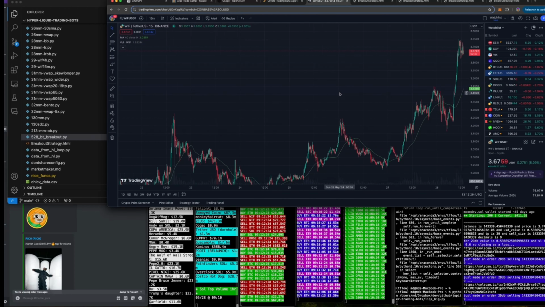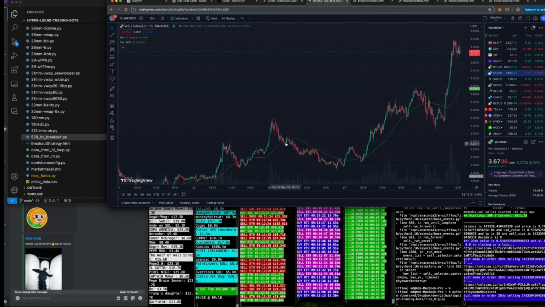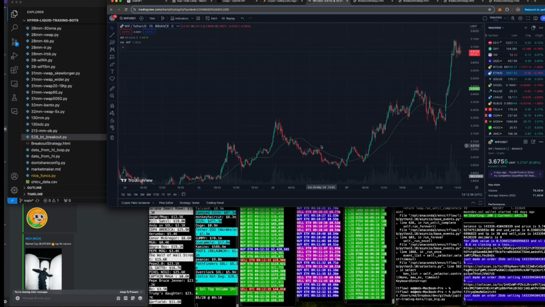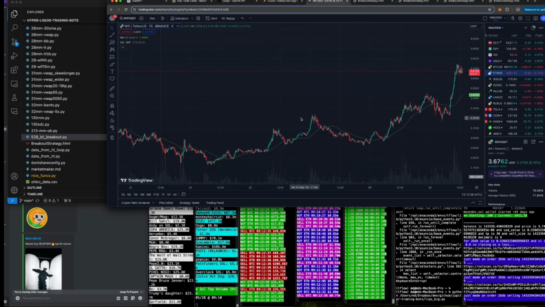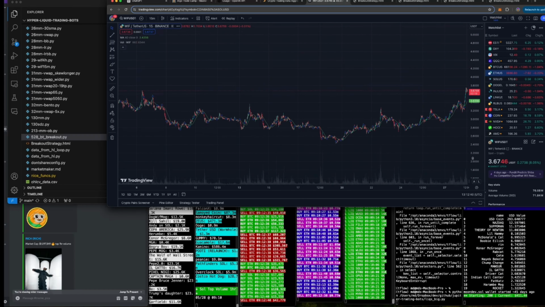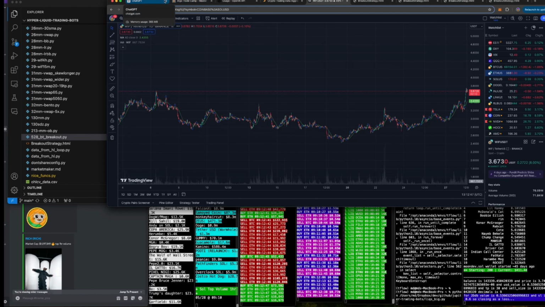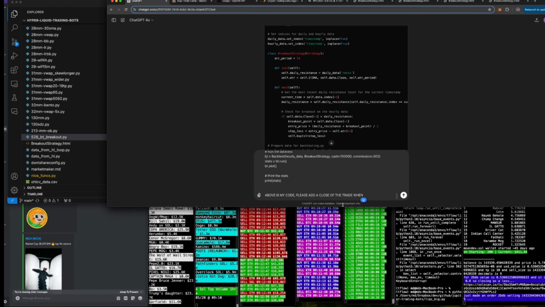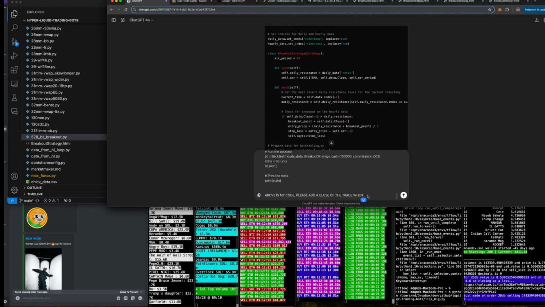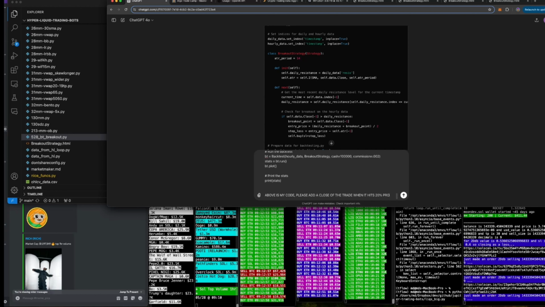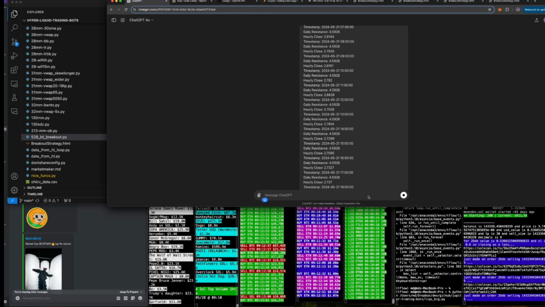So, I don't want to do this too much, but I kind of want to see the range here. So 10%. Okay. Let's just do based off of take profit right now. Please add a close of the trade when it hits 20%. That's too much, I would say, but just want to get it in there and then we can start optimizing.